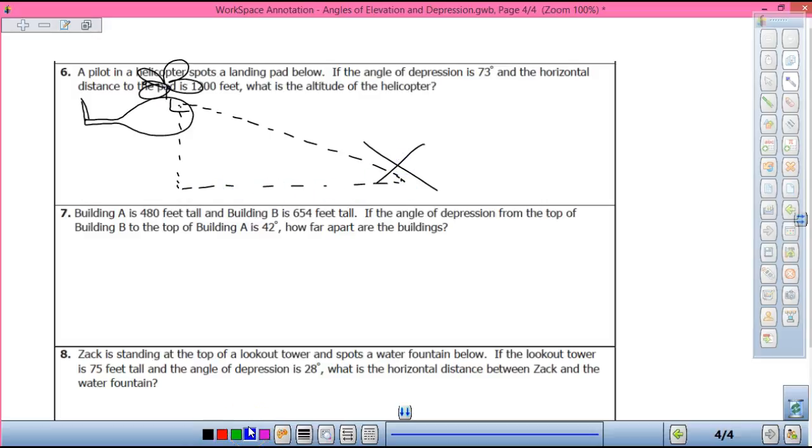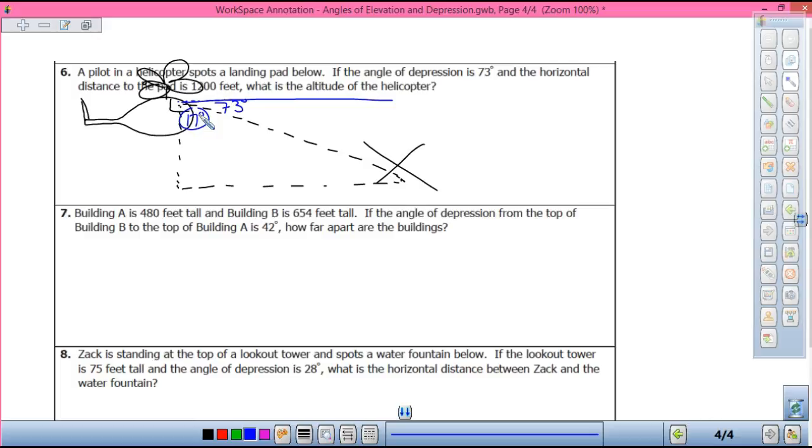The angle of depression is 73 degrees. So if you remember, if I draw a line out there, my 73 degrees goes right there. So the angle in my triangle is what? 17 degrees. I gotta take 90 minus 73 to get that angle right there.